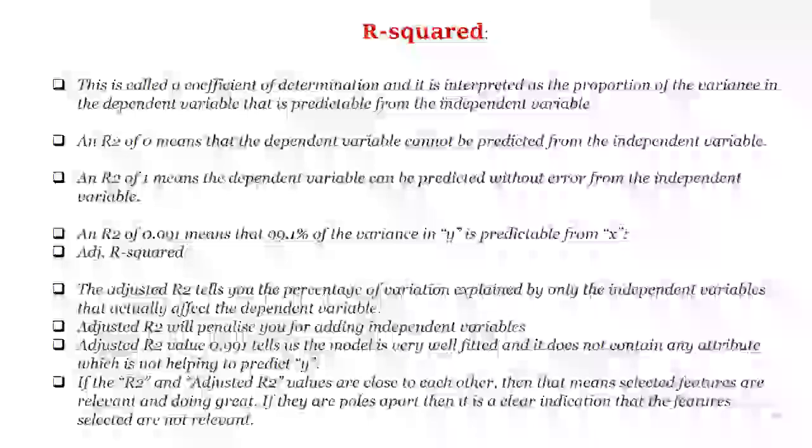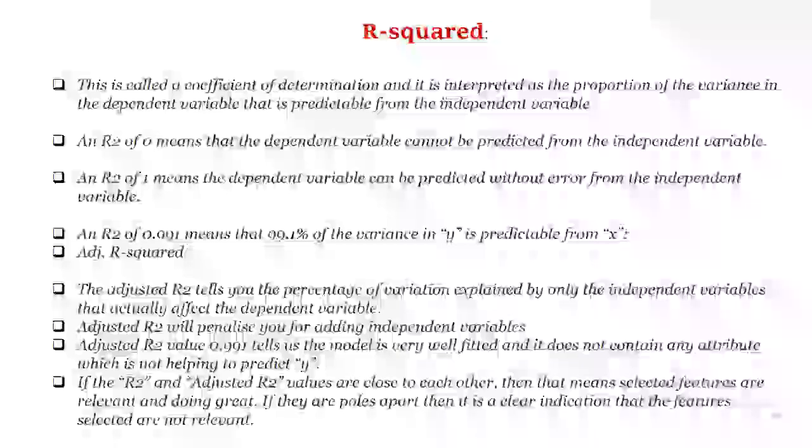Okay, if R squared and adjusted R squared values are closer to each other, then that means the selected features are relevant and doing great, right? If they are poles apart, then it is a clear indication that the features selected are not relevant. So people may ask you how R square and adjusted R square play an important role in feature selection.